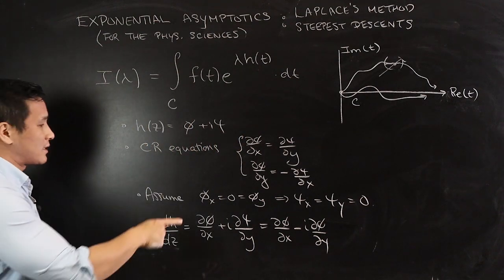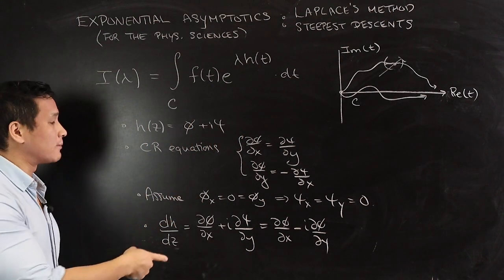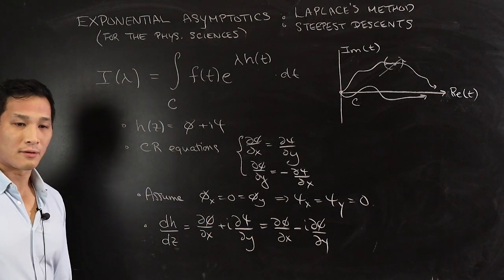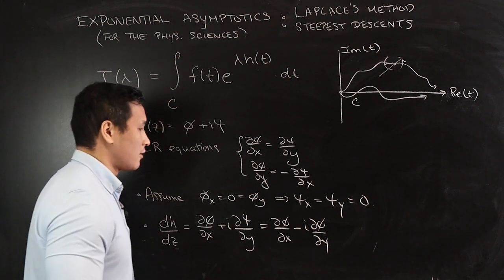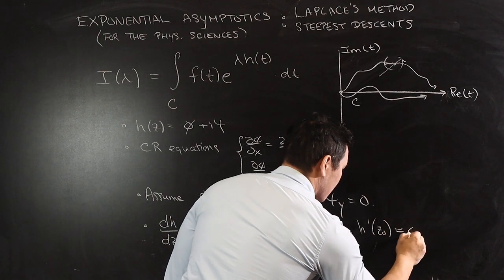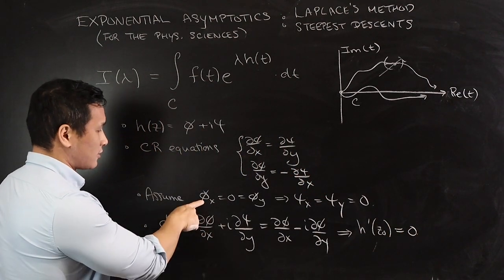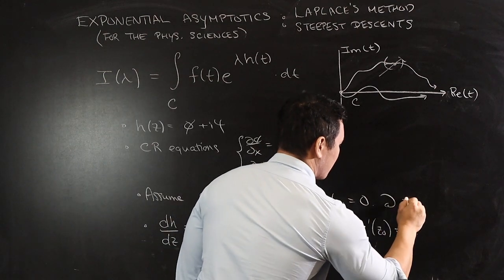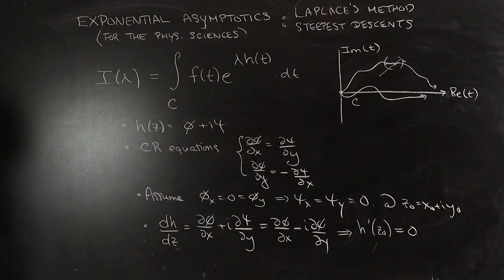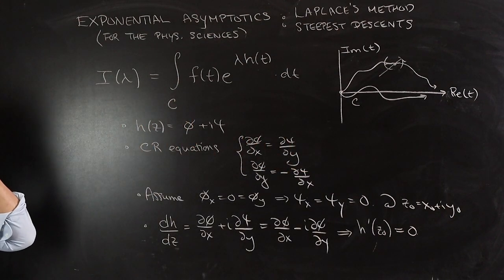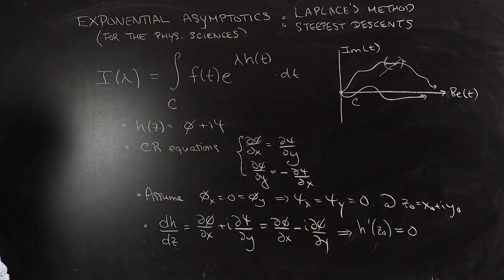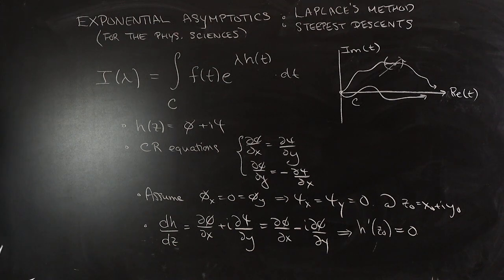But in any case, if you have a point which is an extrema of phi and psi, then it must also be an extrema for this complex function of z. So this tells you that h prime at z0 is equal to 0 if these extrema relations hold at z0 equal to x0 plus i y0. So the extrema you're interested in is also an extrema for h. You have to look at where the derivative of h is 0.